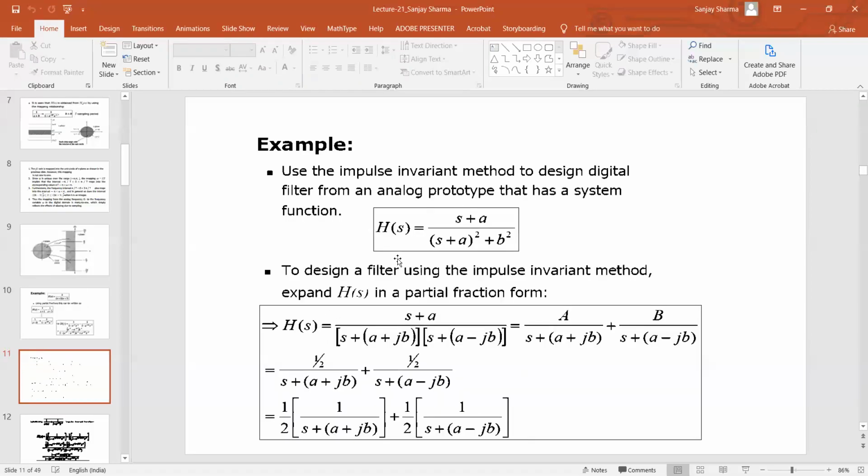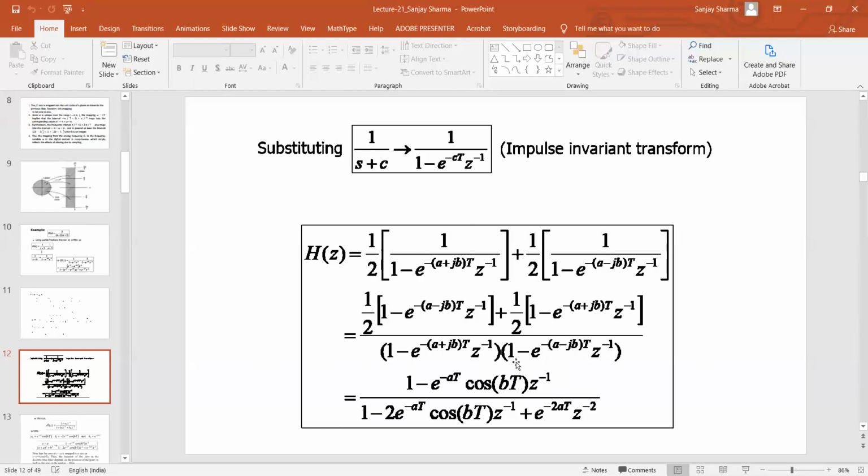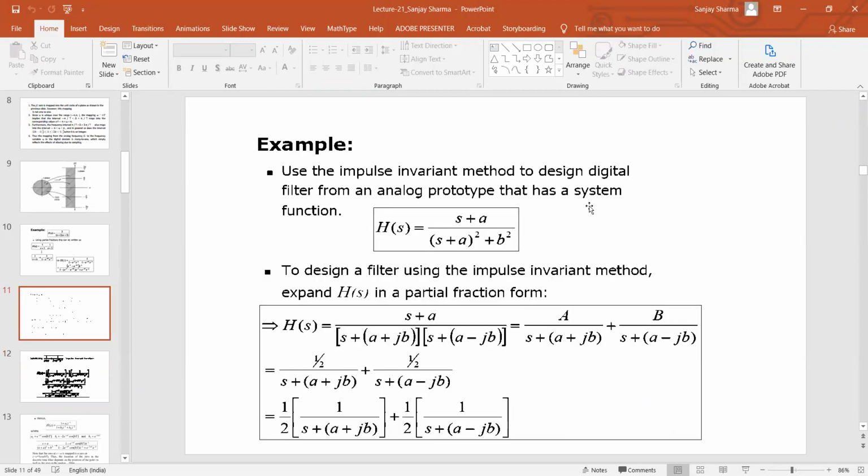All right. Similarly, another example, you take the partial fraction, convert it in the same form, 1 over s plus b, and then you can have the digital equivalent like this. And you further solve it, you will be able to get the transfer function in the Z domain, which is actually the digital equivalent.